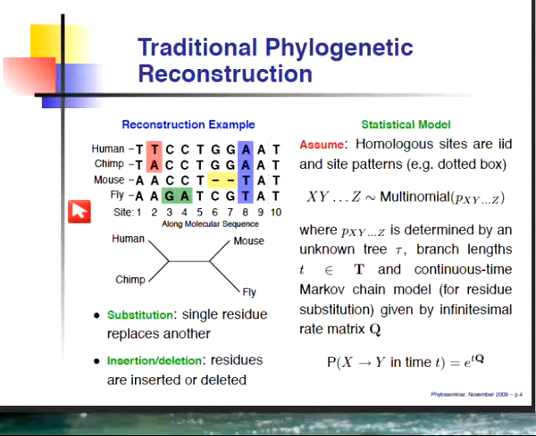For example, we might hypothesize that these gaps arise from a loss of these characters sometime along the branch leading to the mouse from the rest of the species. Or, since this is an unrooted phylogeny, we might also hypothesize that somewhere along the mouse branch, some nucleotides arose. So it could be either an insertion or a deletion.